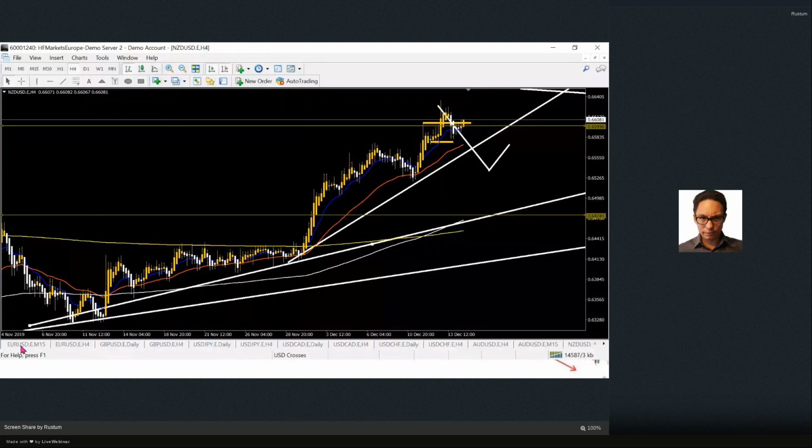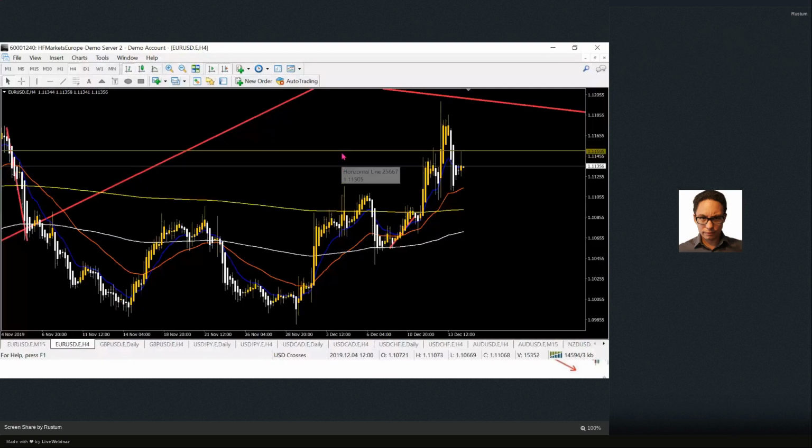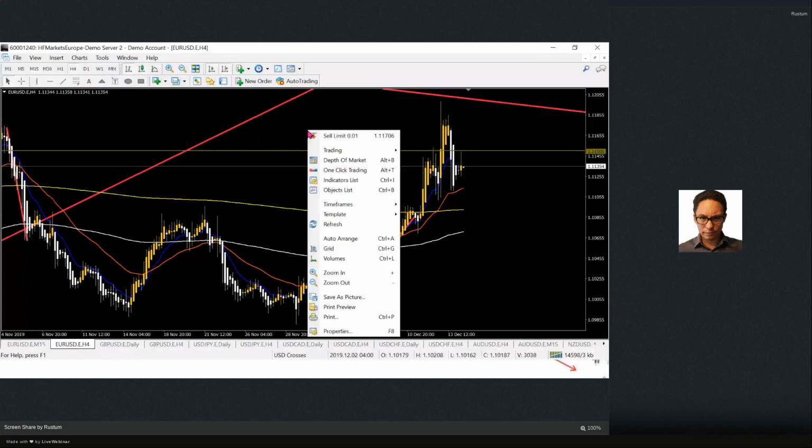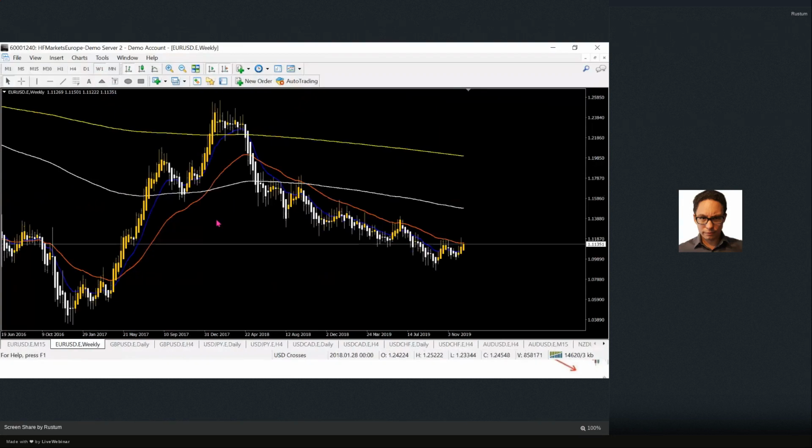Okay, let's just take a random chart like this one, right? The dollar. Let us clear everything off here. Okay, so if we start on the weekly, then we notice that we are in a downward trend.